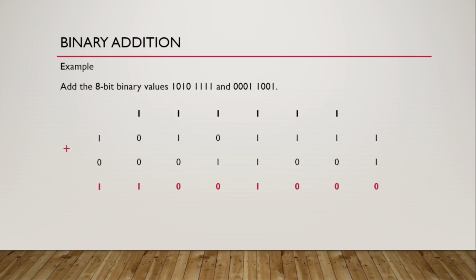So the addition of the binary numbers 10101111 and 00011001 is equal to 11001000.